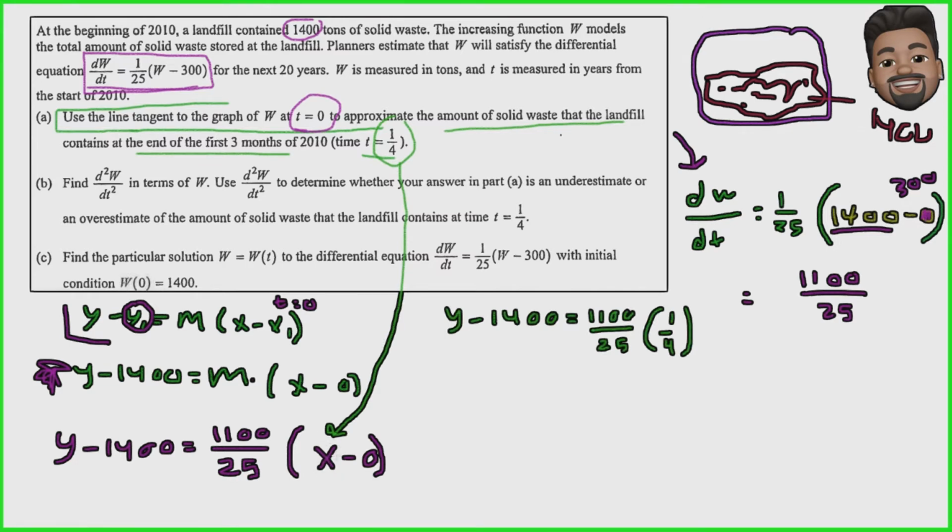If I do 1/4 minus 0, that's just going to give me 1/4. And then if I rewrite this, I get 1,100 divided by, well, 25 times 4 is 100. So I get 1,100 divided by 100. Again, I don't even need to solve this out, but I guess I could.